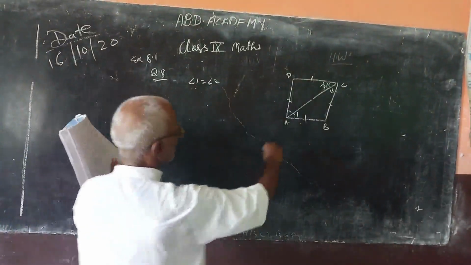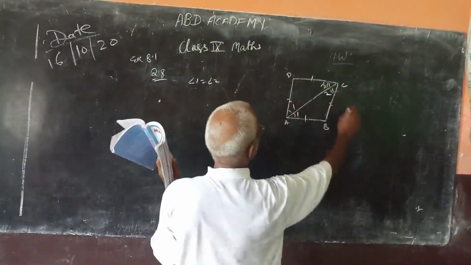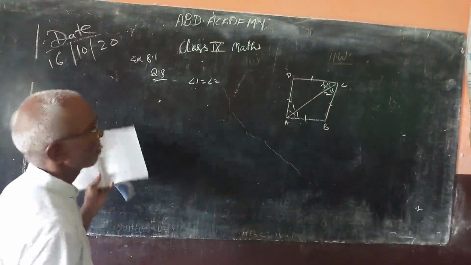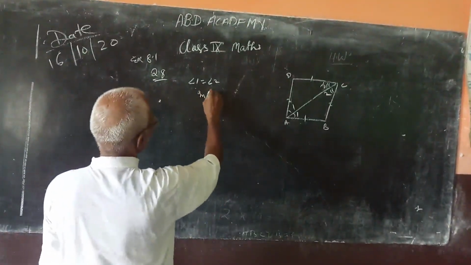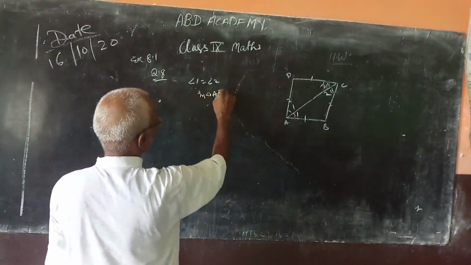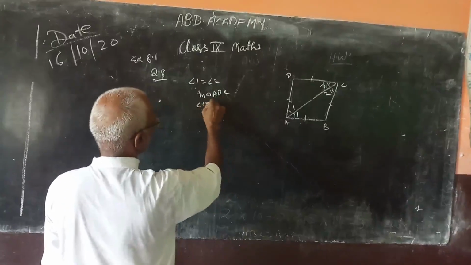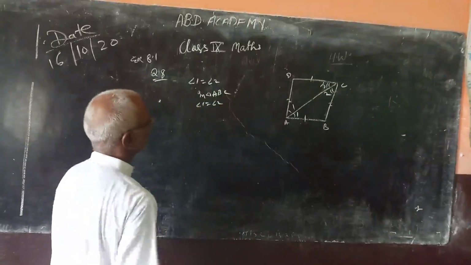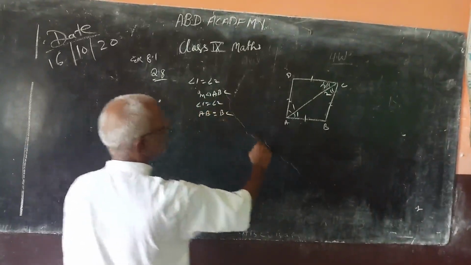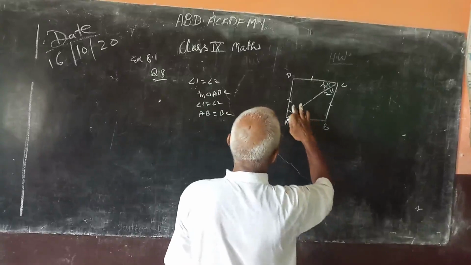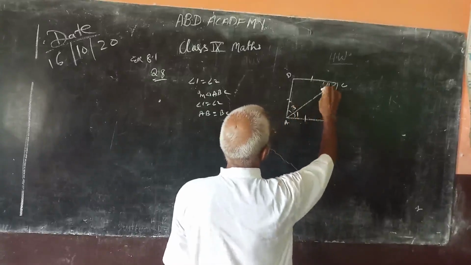But given that the 1s are equal and the 2s are equal, in triangle ABC, when angle 1 is equal to angle 2, then AB is equal to BC. For your convenience, you can take here 3, 4.